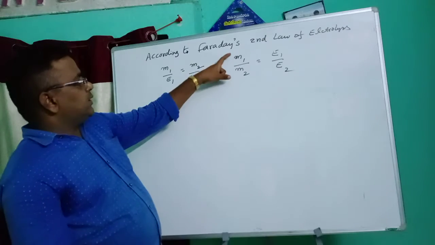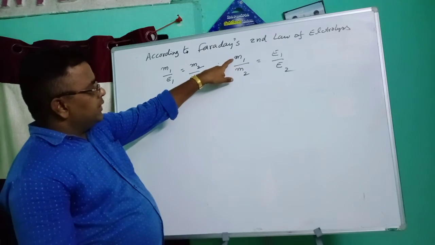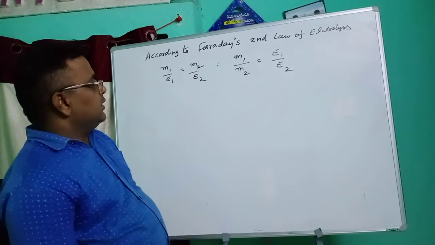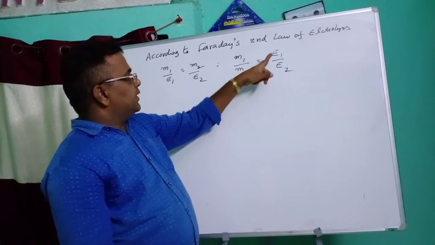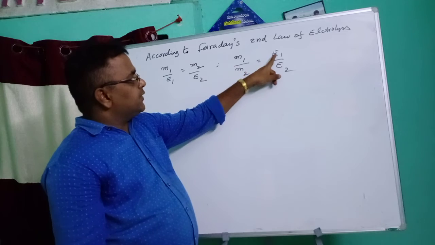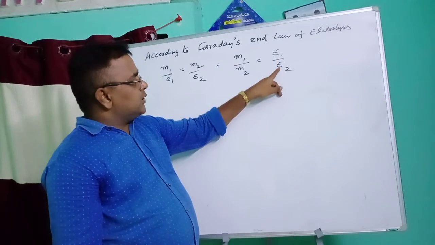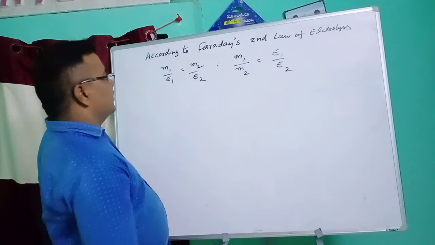Here M1 is the mass of the metal deposited in the first cell, M2 is the mass of the metal deposited at the cathode in the second cell, E1 is the equivalent weight of the first substance, and E2 is the equivalent weight of the second substance.